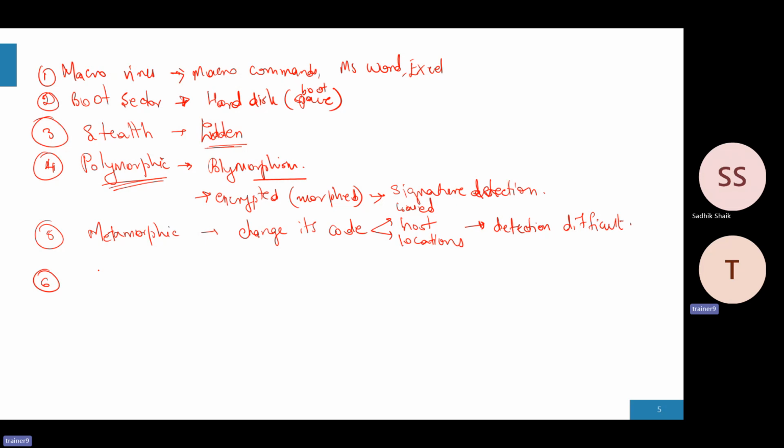Then you also have another kind of virus, the multi-partite virus, which tries to combine different functions.